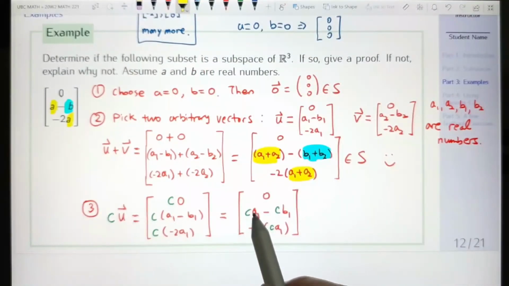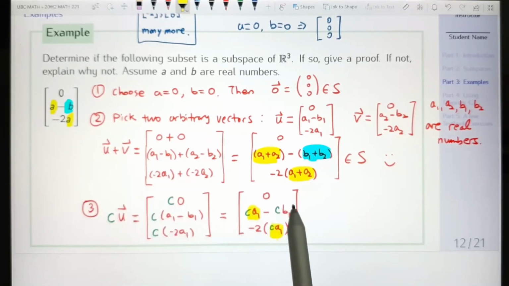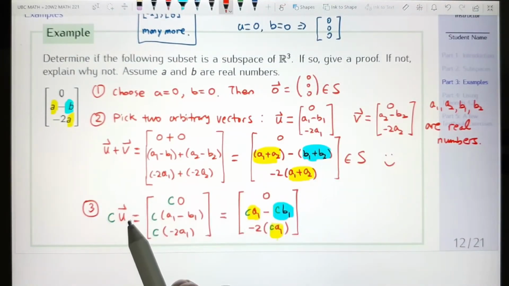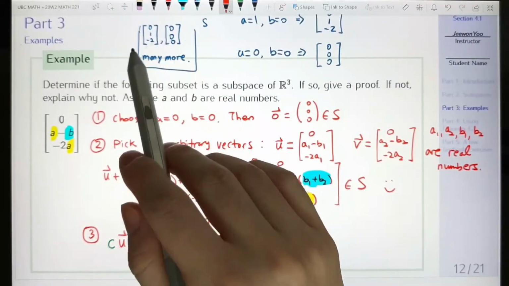And there you go. This scalar and this scalar are the same. That means it satisfies this DNA along with another type of scalar, C times B1. What does this mean? Our vector Cu also has the same DNA as all the elements in the box.